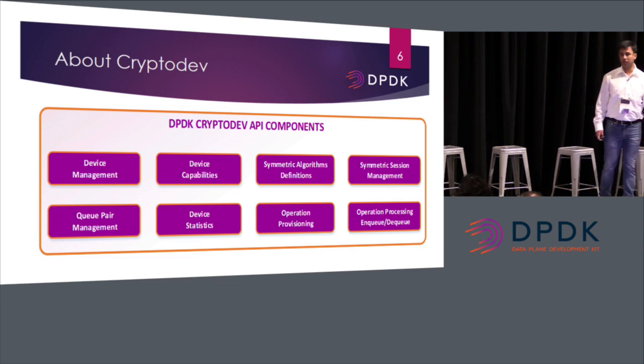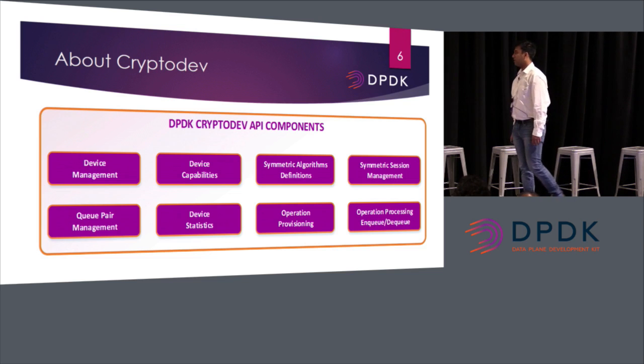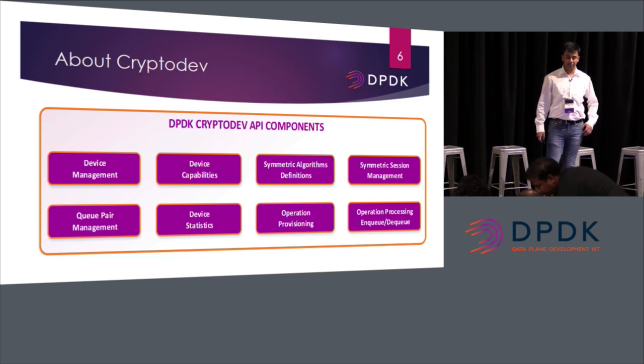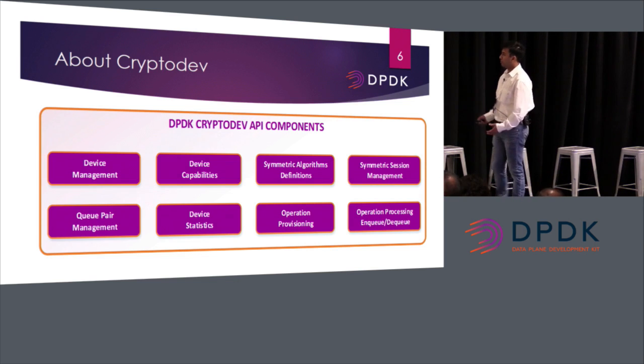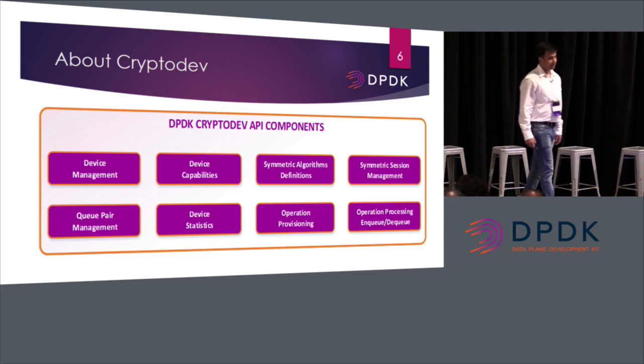With device stats, you can query for various stats which are similar to the Cryptodev API. So these are the main components of the Cryptodev API. If you're developing an application, then you'll use one of the APIs to create your application.